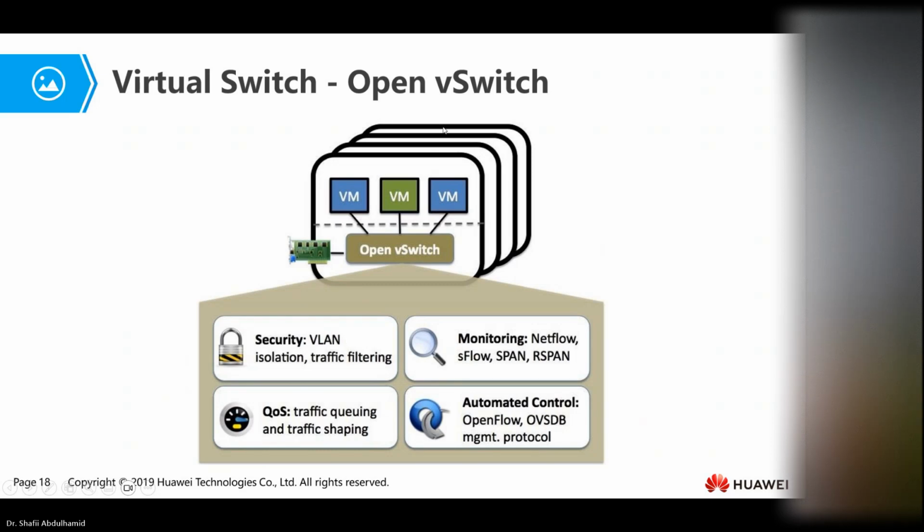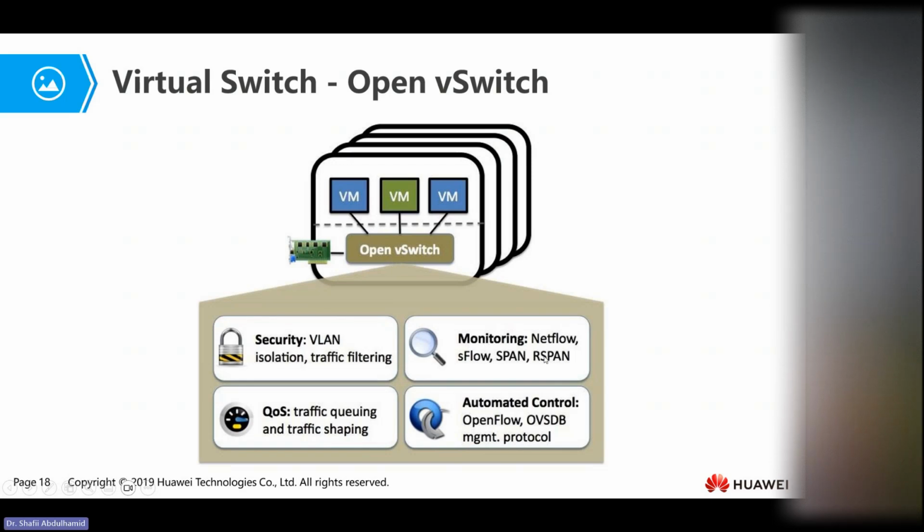Open vSwitch has a number of functions. One is that it provides security. For security you can have VLAN isolation and traffic filtering. These functions can be provided with Open vSwitch.